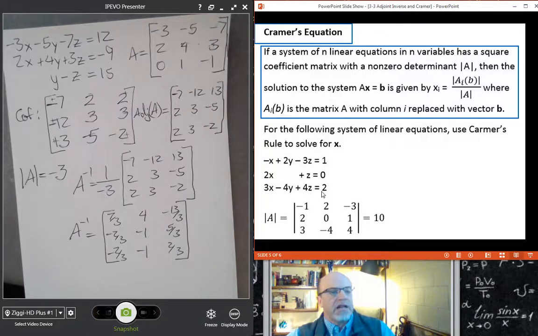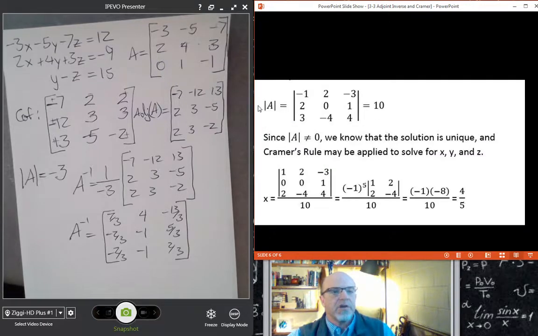Okay? And like I said, if you wanted to figure out the values of y and z, you would go through the same thing, except to calculate y, you would replace the second column with 1, 0, 2 and go through the same process.